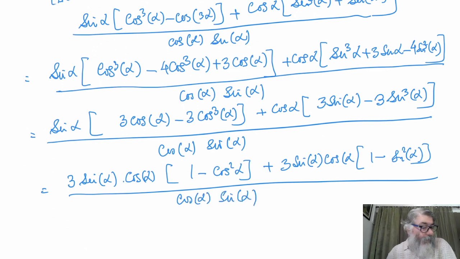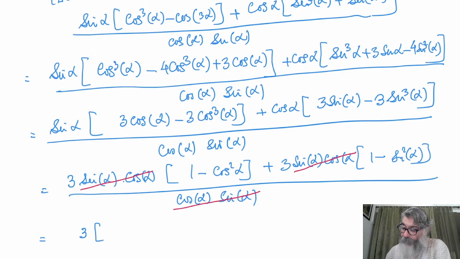Now alpha is not equal to 0, so cos alpha and sin alpha will cancel from here, because you can take out common. This sin alpha cos alpha cancels with the sin alpha cos alpha from the denominator, and we will get 3 into 1 minus cos square alpha plus 3 into 1 minus sin square alpha.